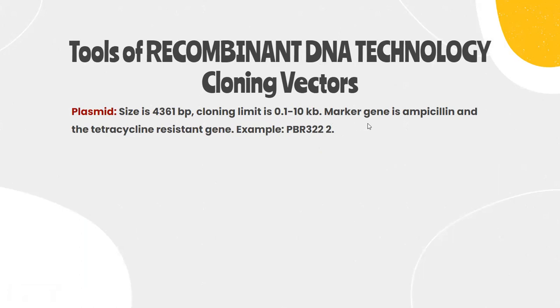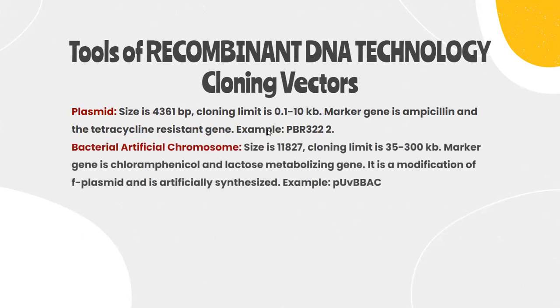Okay, it has marker genes for ampicillin and tetracycline resistance. Basically, this plasmid is used for the bacteria it resides in. It is capable of protecting that bacteria from the antibiotics ampicillin and tetracycline, hence the resistance genes.